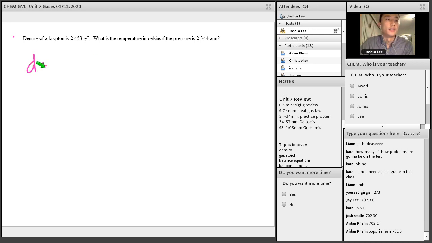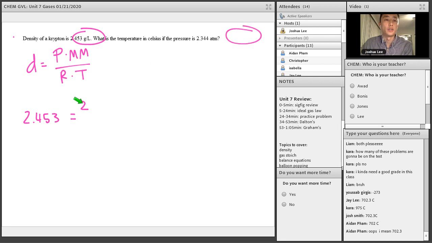So density is pressure times molar mass over RT. We have the density, 2.453. We have the pressure, 2.344. The molar mass of krypton is 83.8.